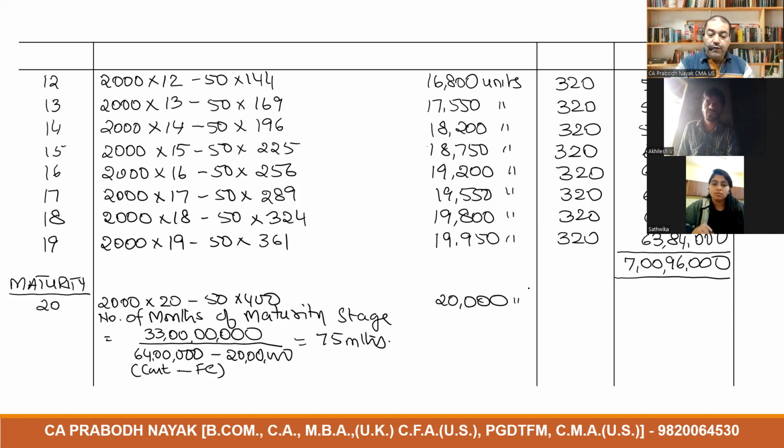So if I calculate for 75 months, I'm selling 20,000 units. So what will be my total profit then? Oh, sorry, contribution. For 75 months, I'm selling 20,000 units.